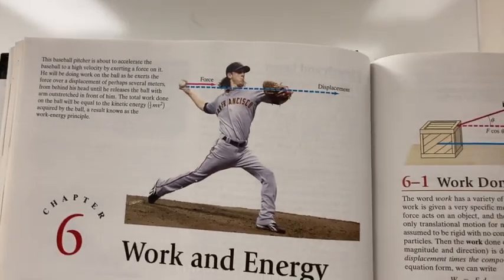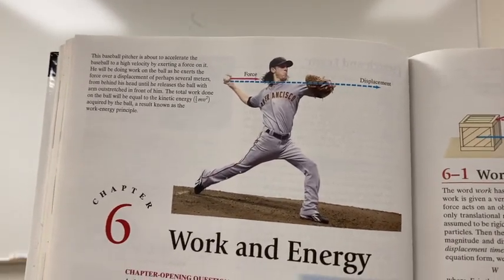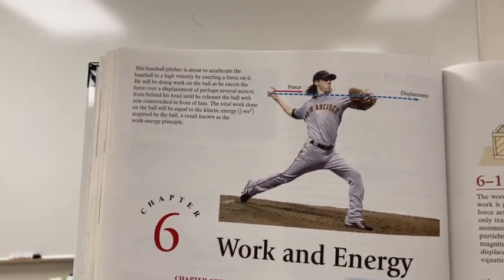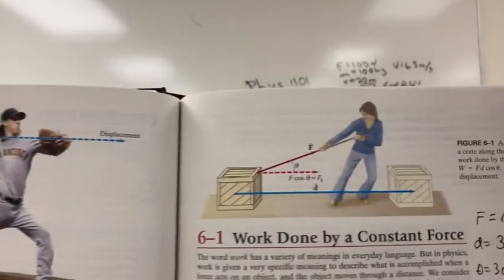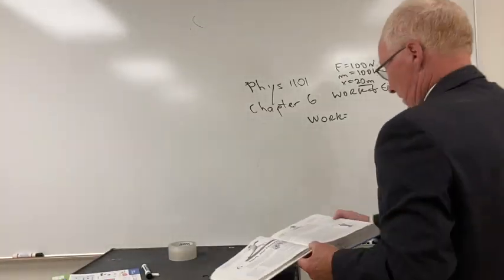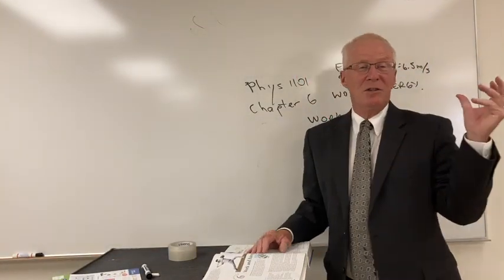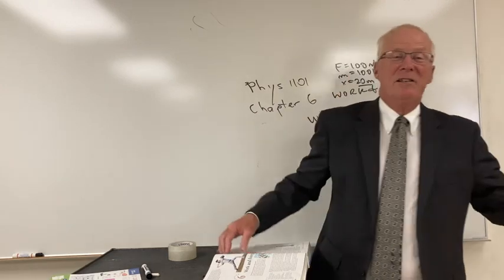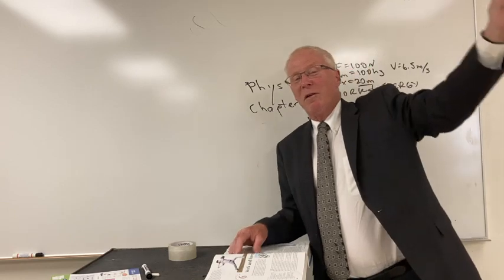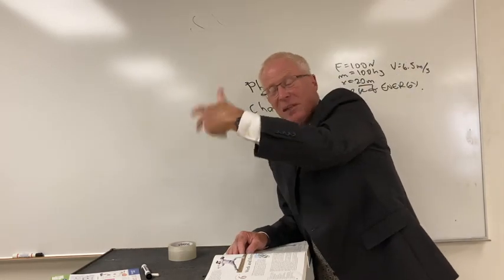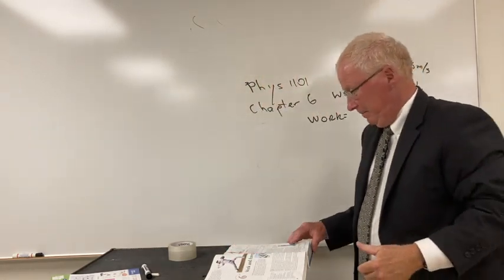The way you do that is by applying a force over as long a distance as you can. Same thing here. So picture when they have an arm, they don't just go like that. They swing and go all the way through. So they apply a force over a much longer period of time, get the thing accelerated, and go from there.